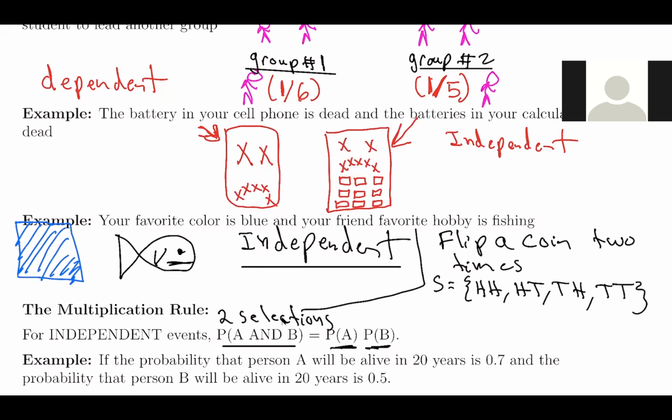So say I want to find the probability that we get heads, heads, or sorry, I want to find the probability the first one is heads and the second one is heads. By looking at my sample space, what will be the probability that the first one will land on heads and the second one will land on heads?